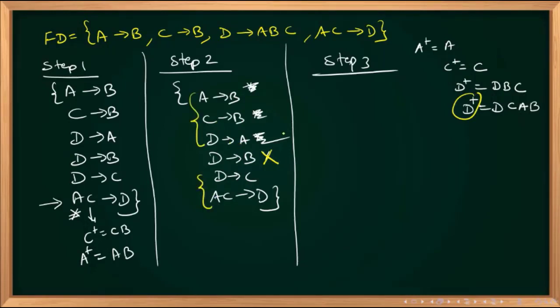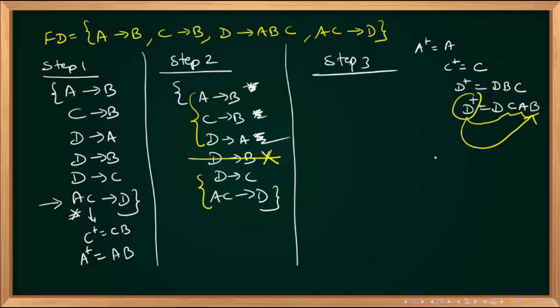I am getting D, C, okay, then D gives A, then A gives B. Everything I am getting. So D to B is satisfied, so I can permanently delete it. Now D to B is removed.